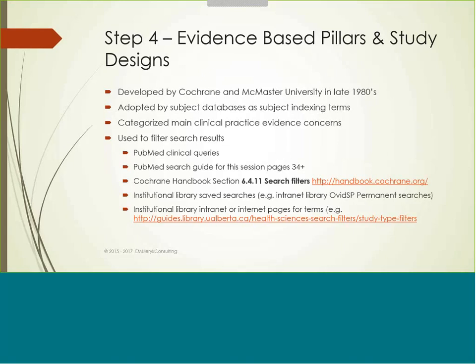I've also given you an example. There are some of the library pages, for example, University of Alberta, there's the CRD in the UK. They do list some of these other search filters, and you can certainly copy those terms and incorporate them into your search. What a number of institutions also do, not only for these search filters, the quality searching filters, but they have also developed search strategies for commonly searched topics.